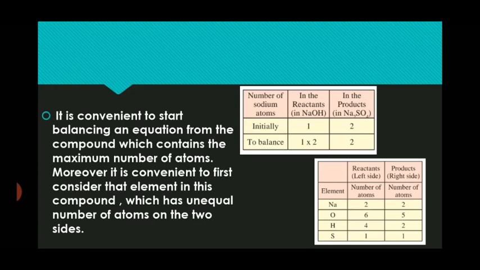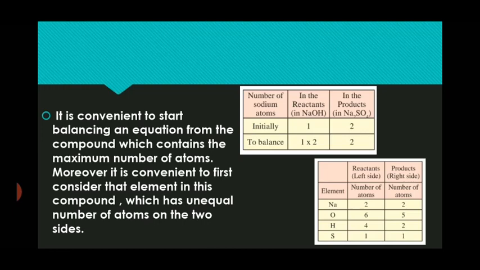For balancing the equation, it is convenient to start from the compound which contains the maximum number of atoms. Moreover, it is convenient to first consider the element in this compound which has an unequal number of atoms on the two sides. Now see sodium first.